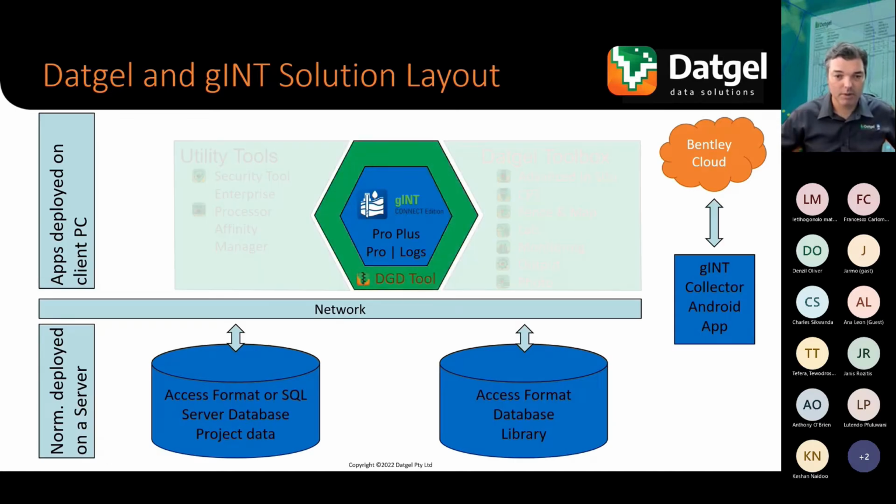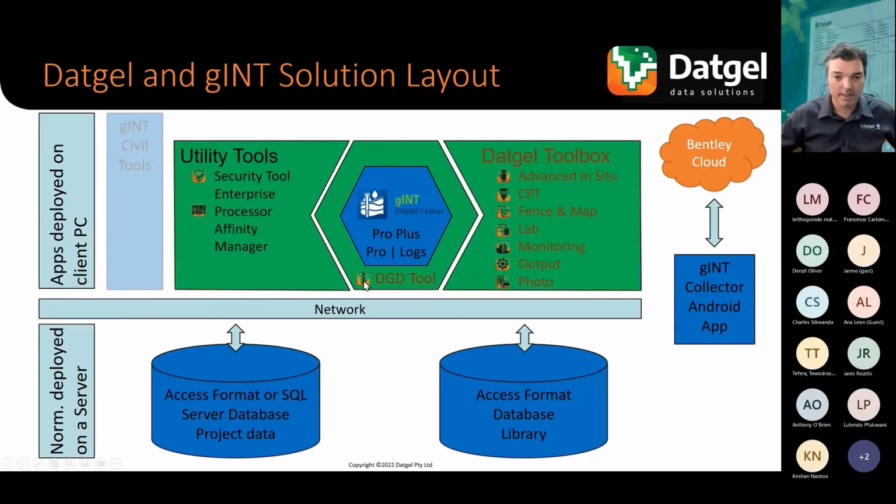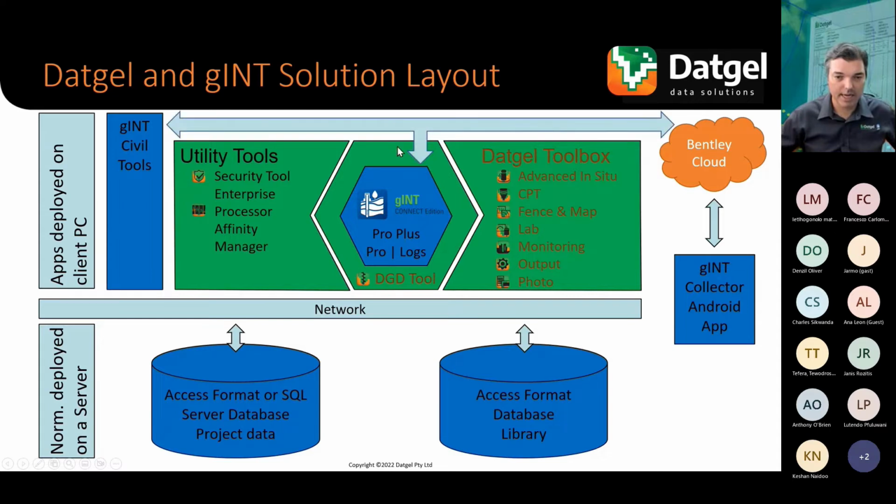So the core of the solution is gINT. Then the Datgel DGD tool is Datgel's main product that sits around gINT. We'll get to that in detail a little later. Then we have a series of more geotechnical tools, so these tools in brown form part of the Datgel Toolbox product.